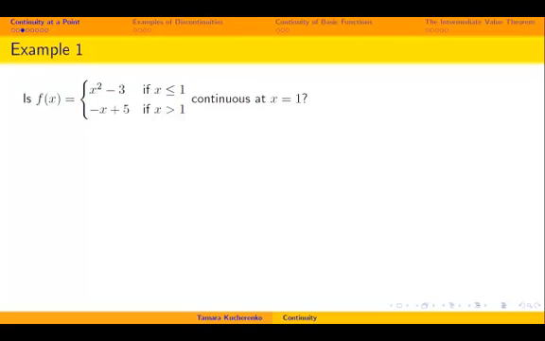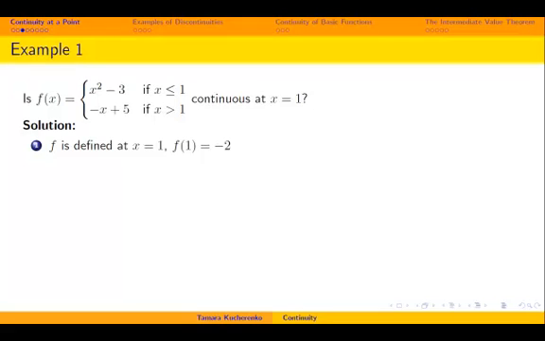We need to verify the conditions from the definition. First, f is defined at x equals 1, and f of 1 equals 1 squared minus 3 equals negative 2.